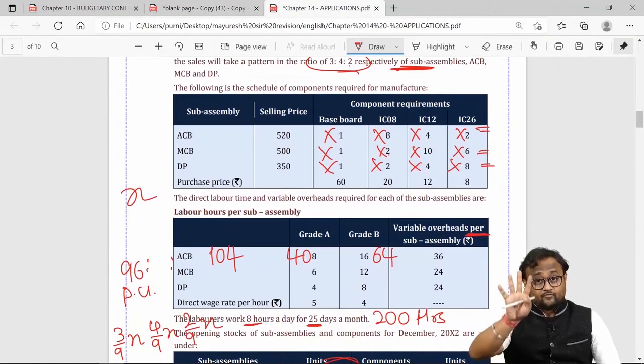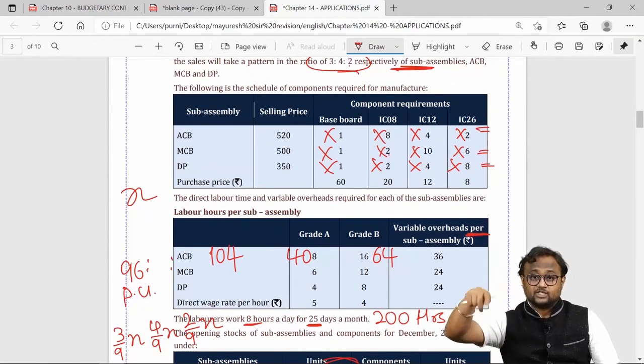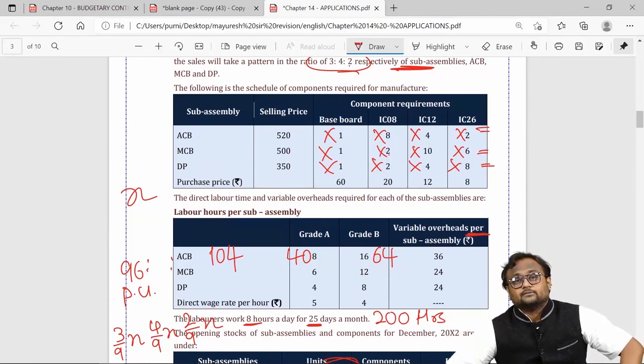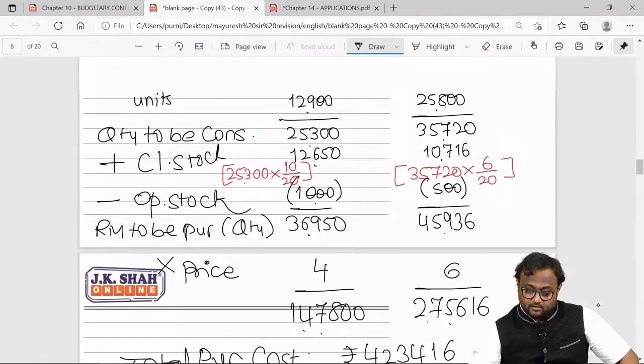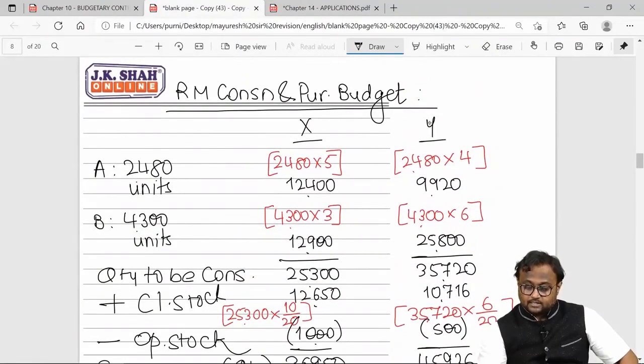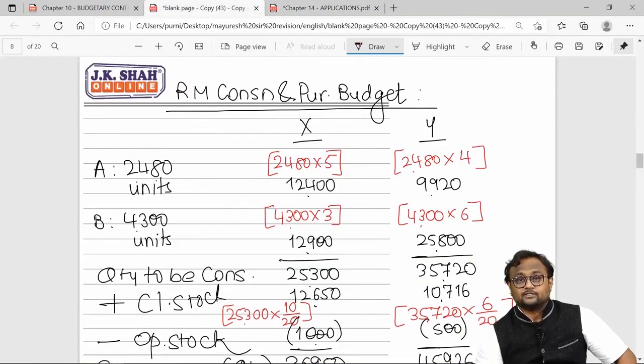See, now there will be 4 columns in the material consumption budget. Baseboard, IC08, IC12, IC26. How did we do it here? X and Y. So there will be baseboard, IC08, IC12 and IC26.